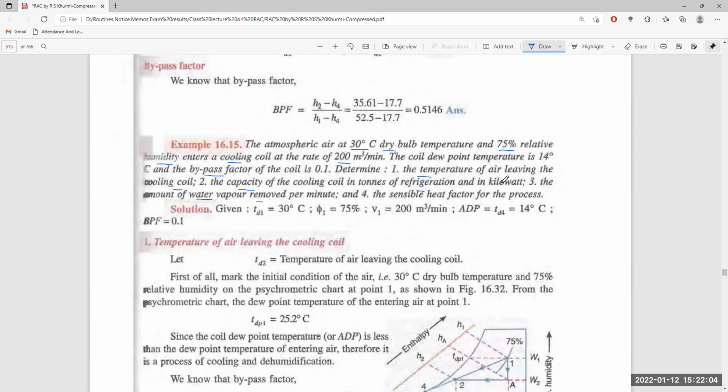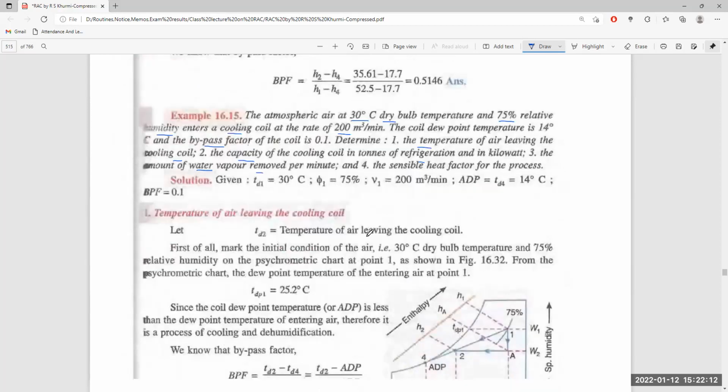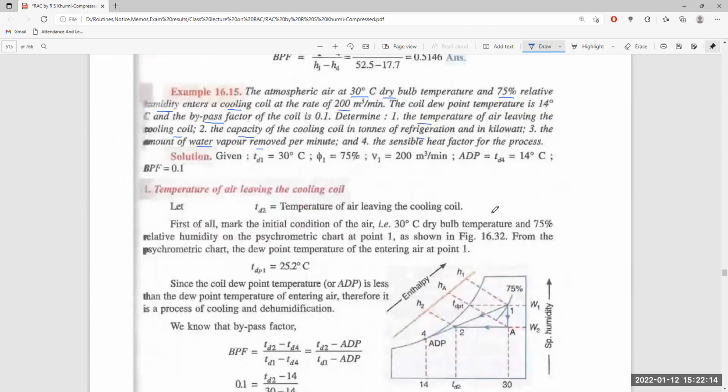So let us see the temperature of air leaving the cooling coil, which we are supposed to calculate.